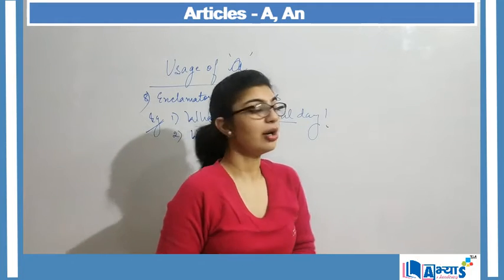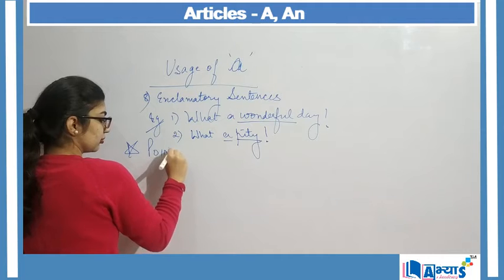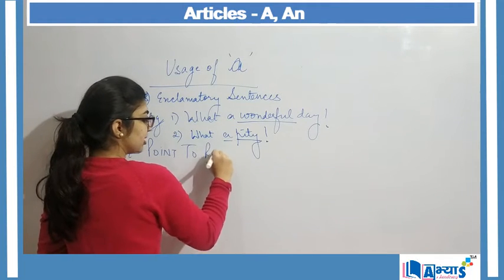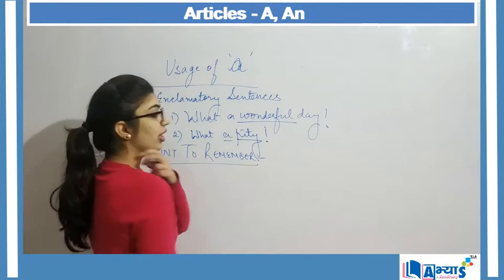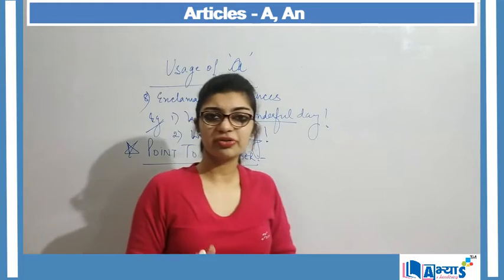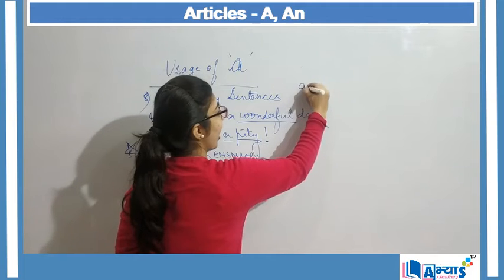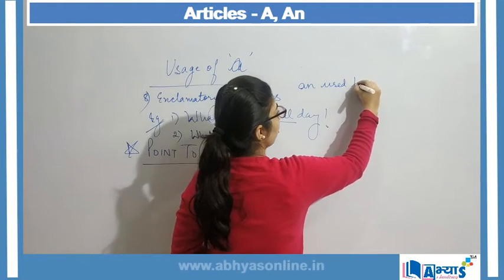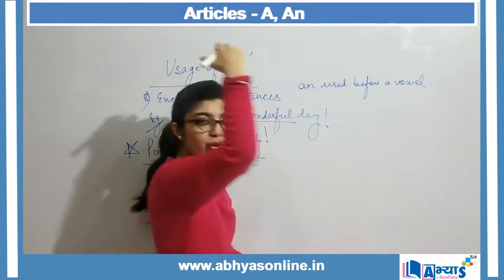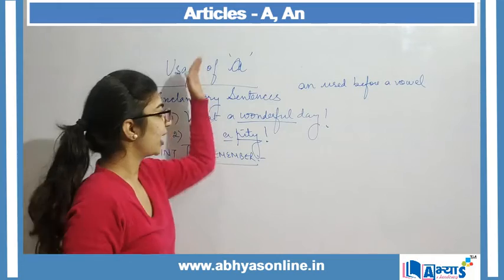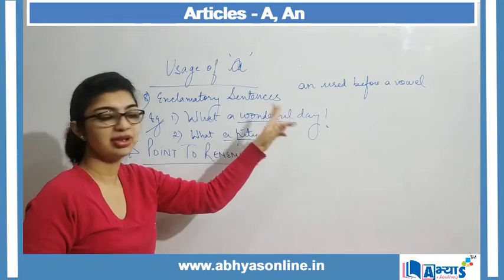But also a point to remember is that while making use of article a or an, there's not much difference between a and an. Just make sure that you know that an is used before a vowel, having all the similar rules that we have discussed so far, the 8 ways in which a can be used.